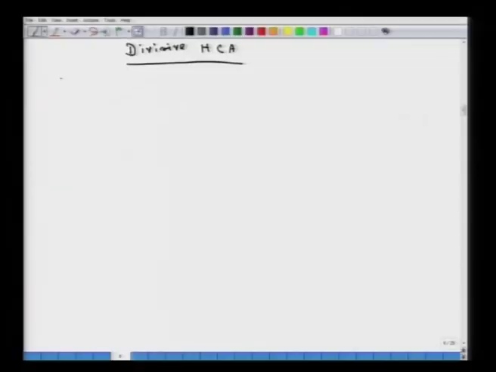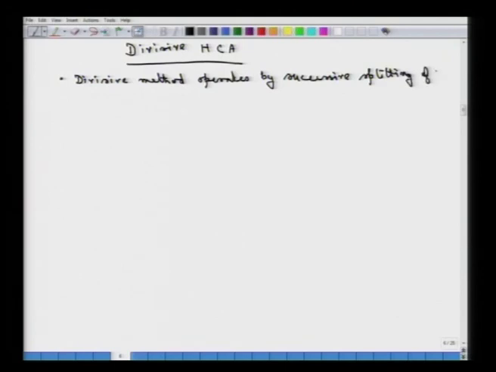So, the steps involved can be highlighted in the following way. Let me just write that this divisive method or divisive approach operates by successive splitting of groups. So, that is the first point to be noted.